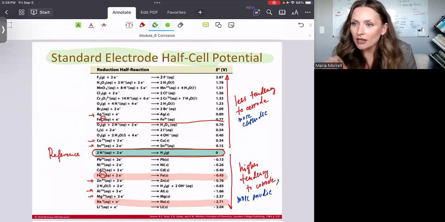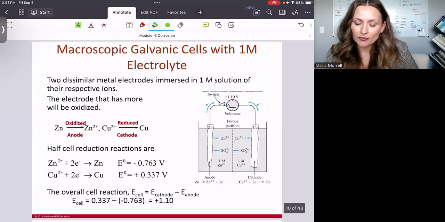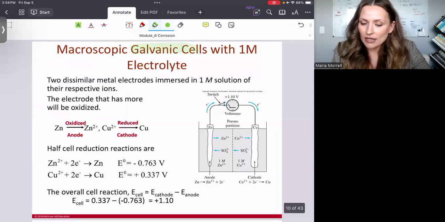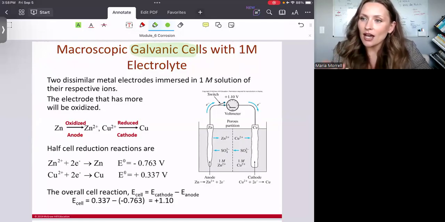And that's several metals connecting to each other. And it takes engineering knowledge to make sure that you connect pieces so that you're not setting up a galvanic cell, right? What is a galvanic cell? Let me explain what exactly the galvanic cell is and how it works. And to explain what the galvanic cell is, how it works, and how the corrosion kicks in, I'm going to use this diagram right here.